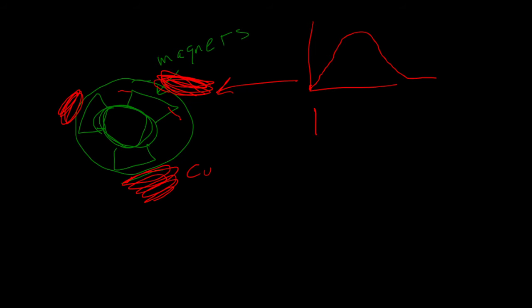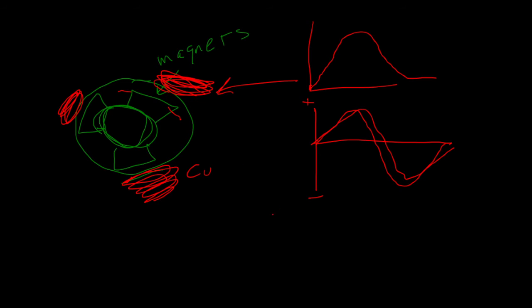Because magnets have 2 poles, a positive and a negative pole, the positive strength gets higher, and then it goes negative and moves on. This happens every time a magnet passes a copper coil.